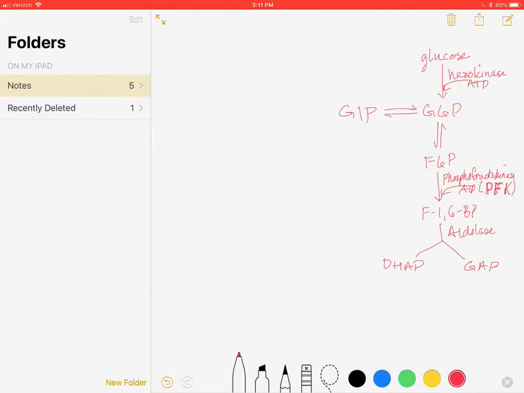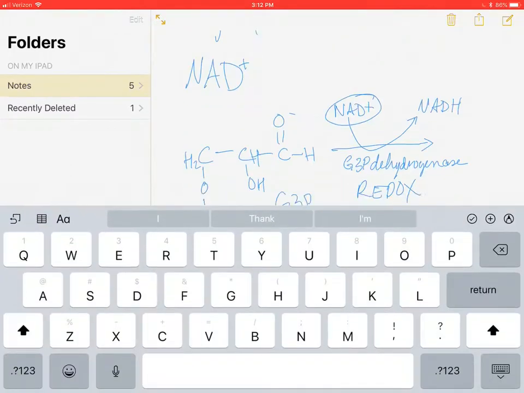And I also want to use a different color, so I'll erase that and we'll use black. So glycogen is a storage form of glucose. It's just polyglucose. It's many glucoses all hooked together. And the pathway to glycogen starts at glucose 6-phosphate, and we have a mutase that changes where the phosphoryl group is.